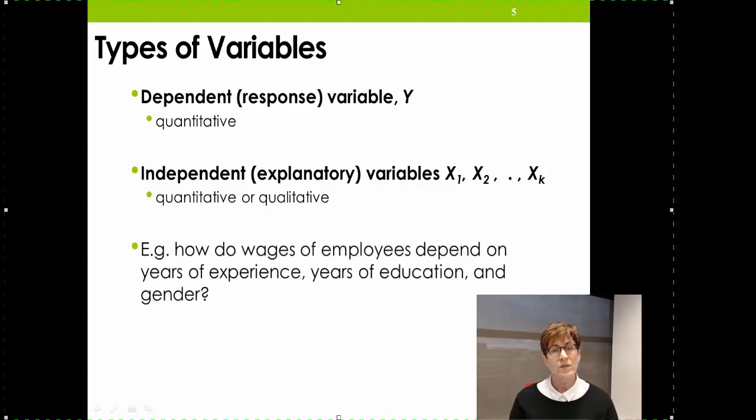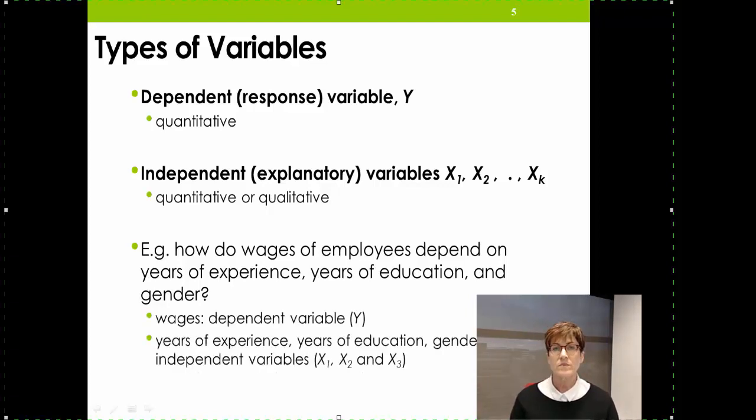So for example, if we're looking at the relationship between wages of employees and how that depends on years of experience, years of education and gender, from that example, wages would be the dependent variable Y, denoted by the letter Y, so that's what we're looking to predict. And the independent or the explanatory variables in this example are years of experience, years of education and gender.